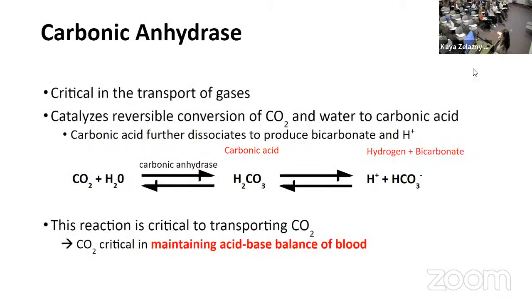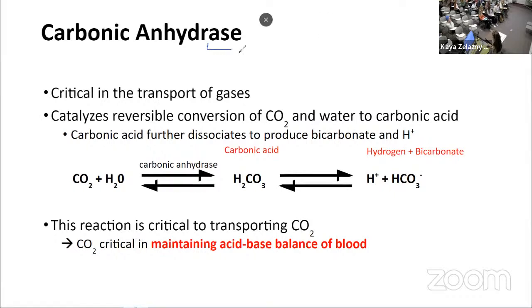Okay. So another thing that we see in these red blood cells is something called carbonic anhydrase. Okay, so carbonic anhydrase, right? It's going to be an enzyme. We know that because of this ase ending, right? So it's going to help us transport gases, and it's going to do that by catalyzing a reaction because that's what our enzymes do.